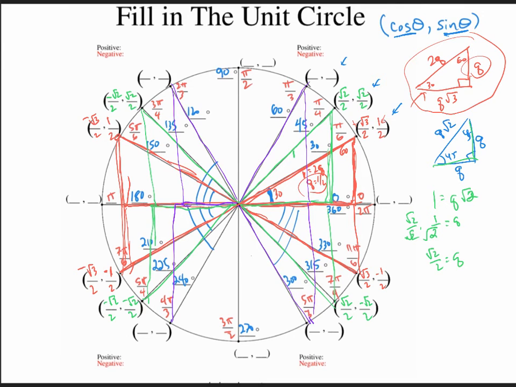So that means essentially this one is 1/2, square root 3 over 2. This one is negative 1/2, square root 3 over 2. This one, and again, it's the magnitudes that are being flipped, not the signs, because you're still going in the same direction. This would be negative 1/2, negative root 3 over 2. And this one would be 1/2, negative root 3 over 2.